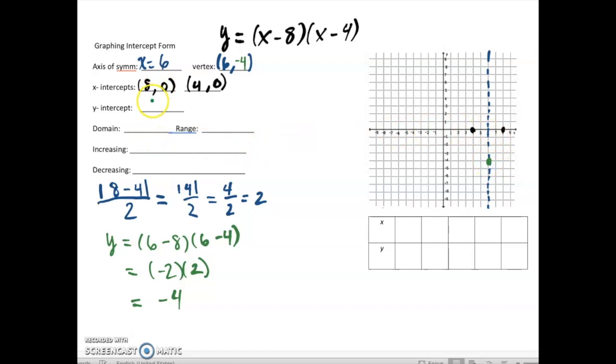Okay, so I can start to see I have a parabola here. Let's put some other points down for now. Let's see, 6, negative 4. I'm going to do, again, just 2 to my right, 2 to my left, so this is going to be 5, 4. And then I'm going to work out those numbers off camera, but all I'm going to do is plug these points into the x.